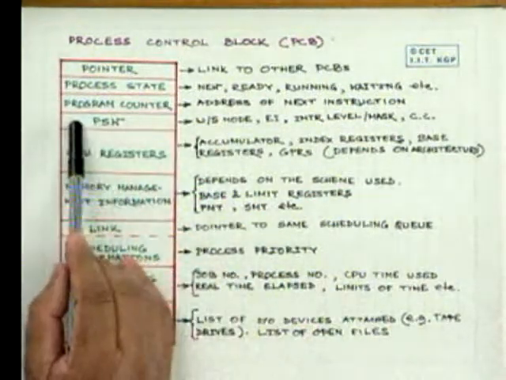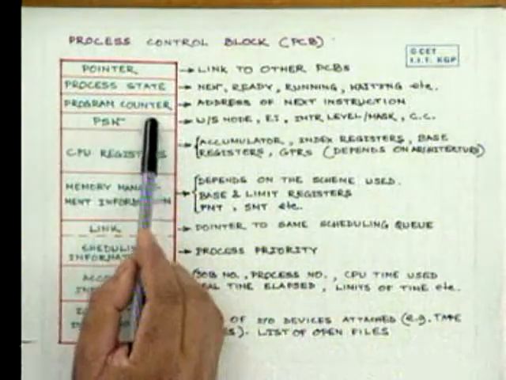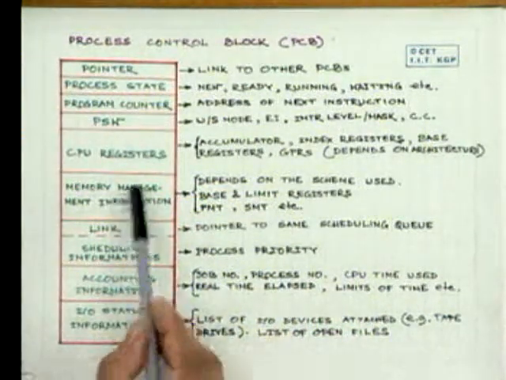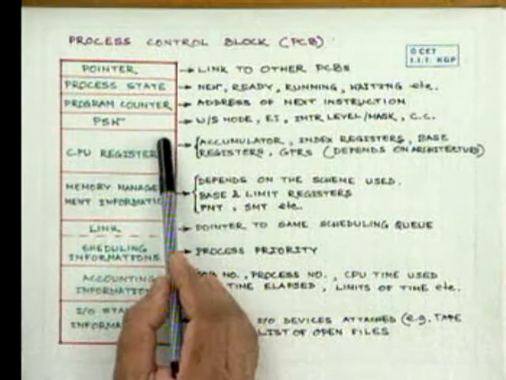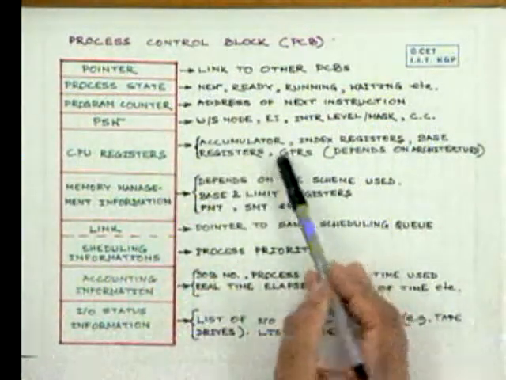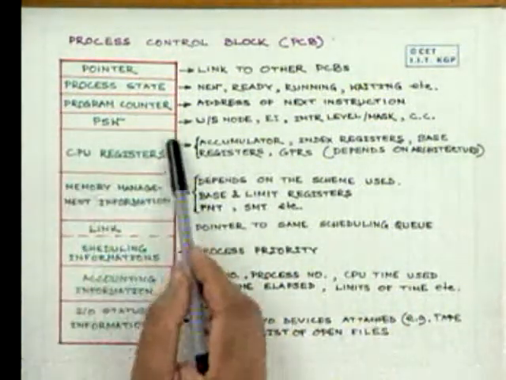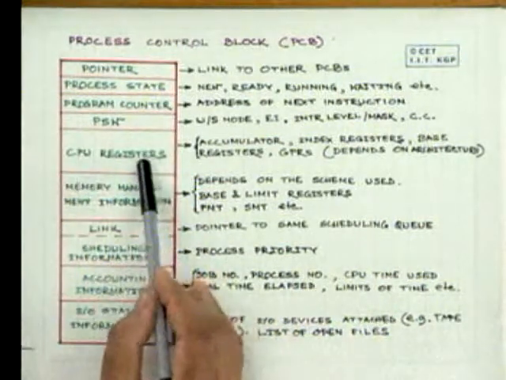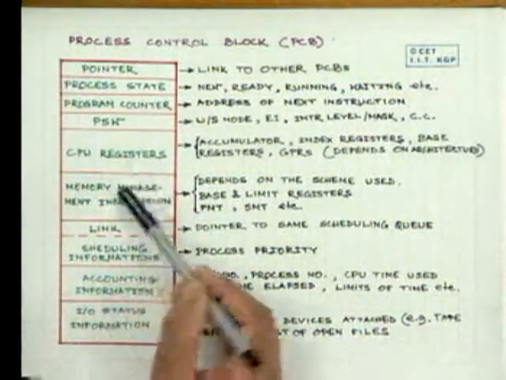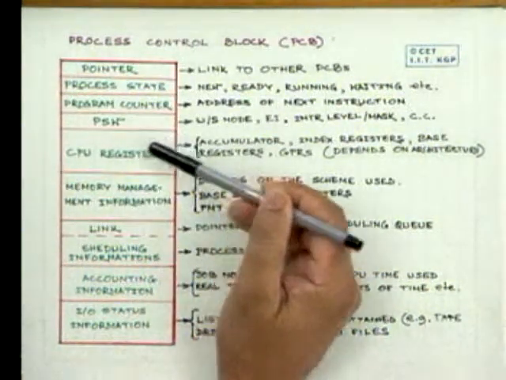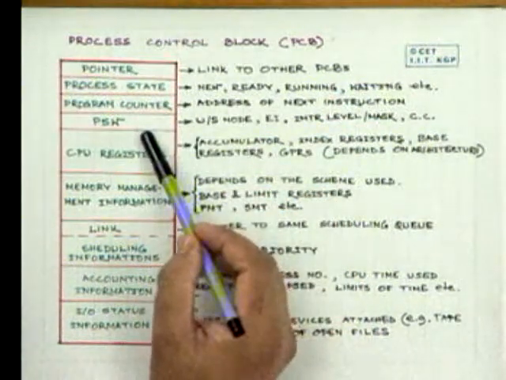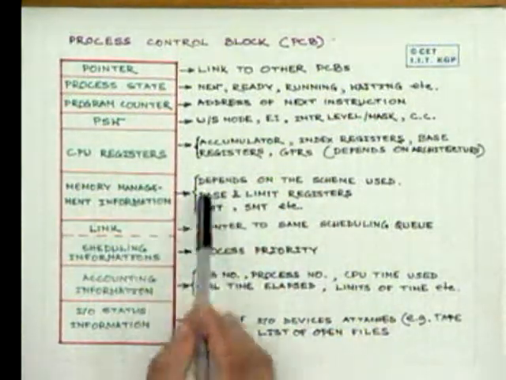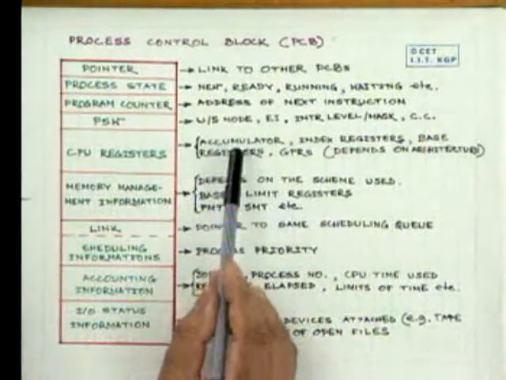That processor status word is also a field. Then all the CPU registers are also a field of the process control block. It will naturally contain the contents of all the CPU registers that this particular process is using.